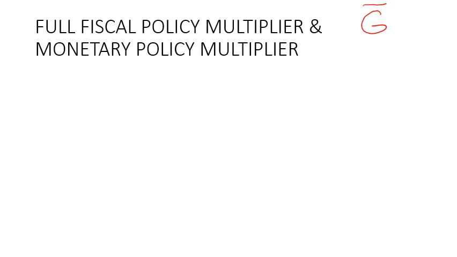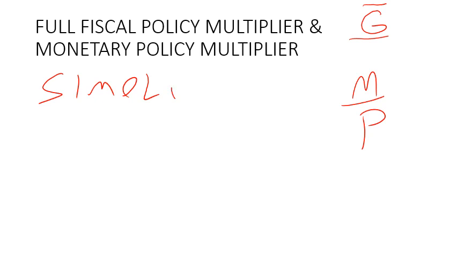First, calculating the full fiscal policy multiplier, the G multiplier, and then the monetary policy multiplier, which will encompass the real money supply, M over P. Now, I already talked about the simple fiscal policy multiplier, all right?